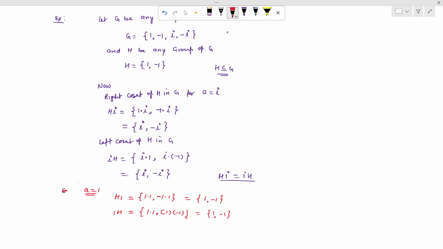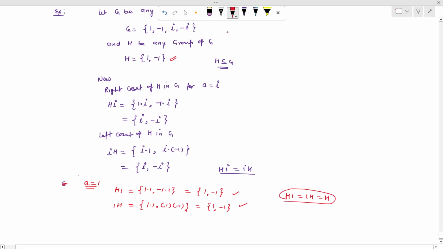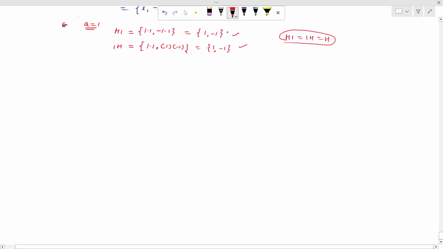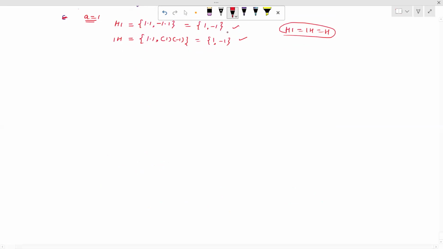So here we see that H1 is equal to 1H is equal to H. So we see that the elements 1 and minus 1 of the right coset are the same as those of the left coset, the same elements of H. Now we will prove one theorem related to that, left coset equal to right coset equal to H. So the statement of the theorem is, we have a very important theorem related to coset.